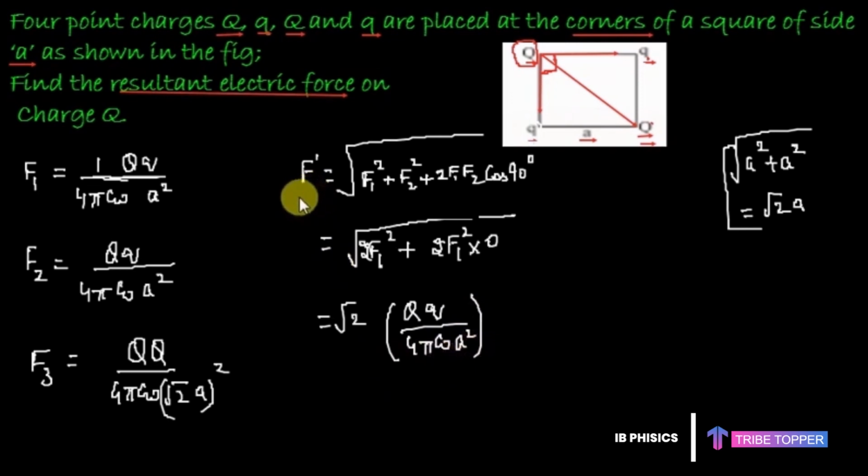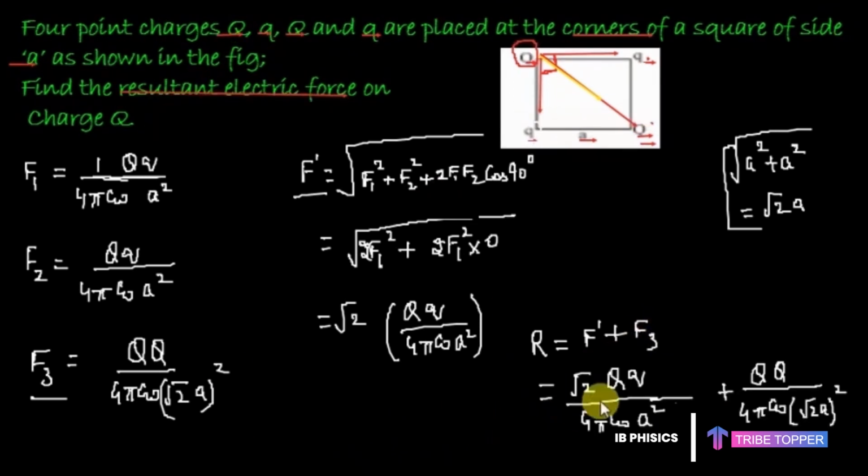Now F dash and F3, if we look at it in the diagram, the line of action of forces for both of them is going to be the same, this one, right, along the diagonal. So we just need to add them. Therefore the resultant force R is going to be F dash plus F3, and we simply add them and substitute the values here.